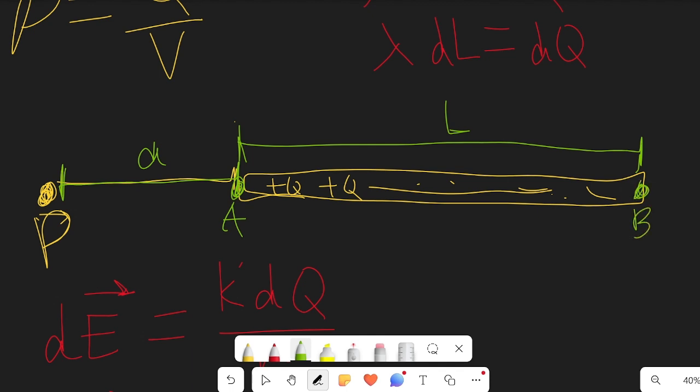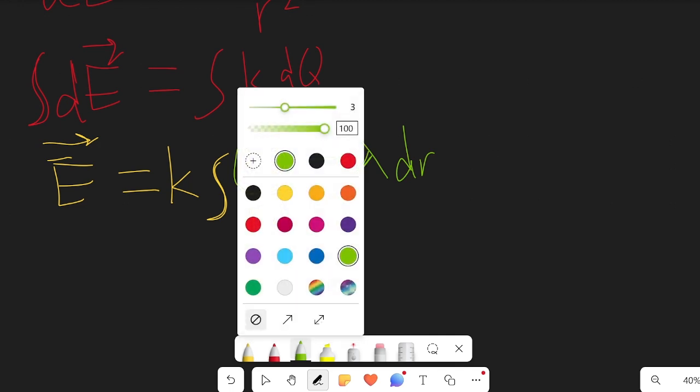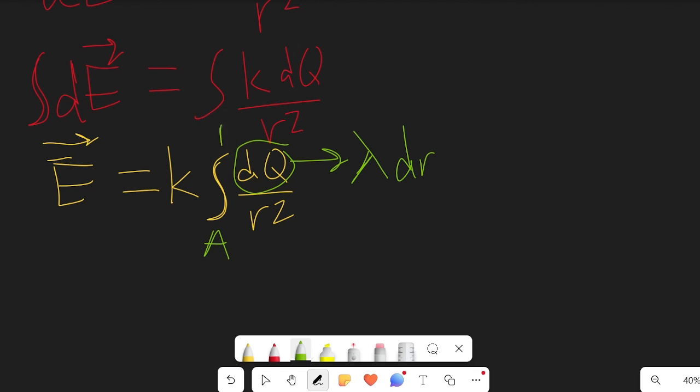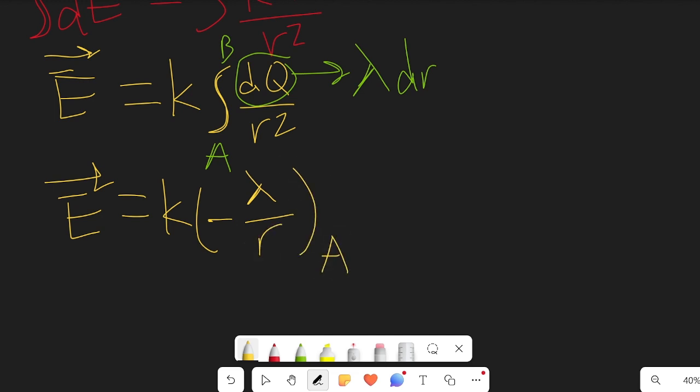These are the bounds for the integral, so the integral goes from A to B. Now we can simplify this integral and say it is equal to k, and because this is dr, this will be negative linear charge density over r from A to B.